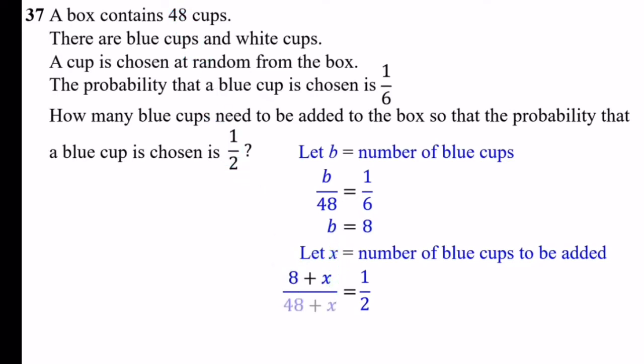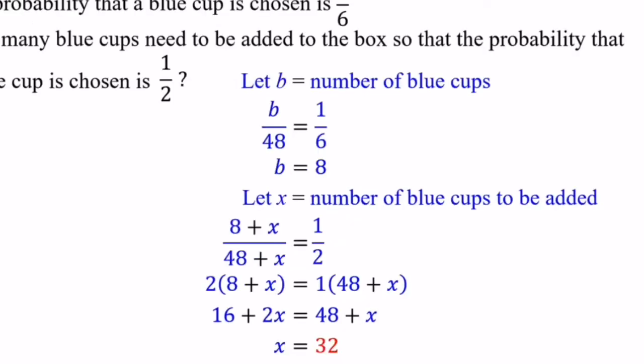So you must take 48 plus the X, alright, and then you cross multiply and you solve for X. That will be the answer for this question, right? So X is equivalent to 32, right? So that is the final answer for question 37.